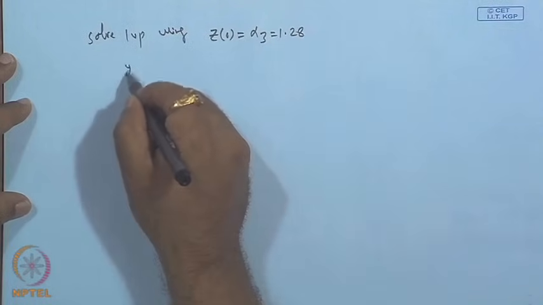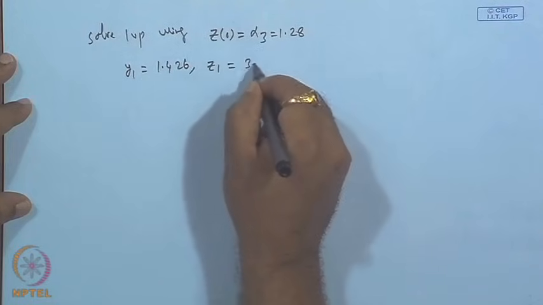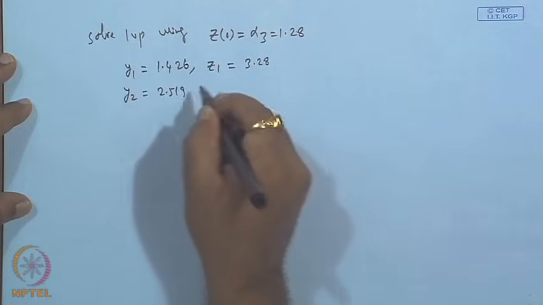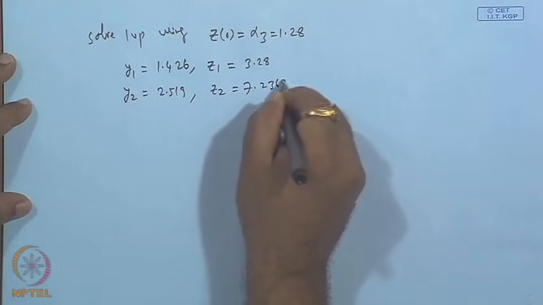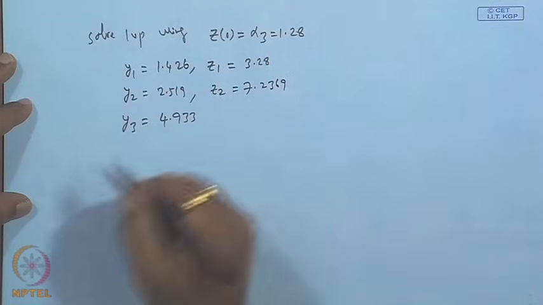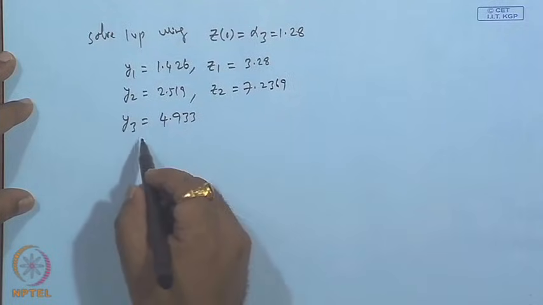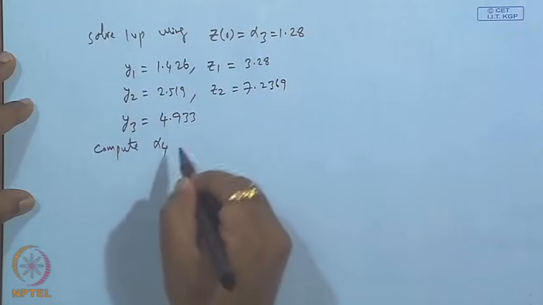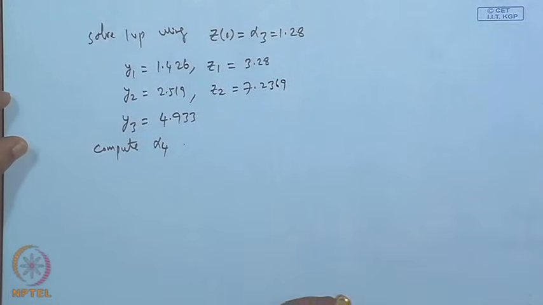Then we get, let us say, something like this, and it is not close enough. So, then we have to again compute alpha 4. So, we have to continue the process like this.